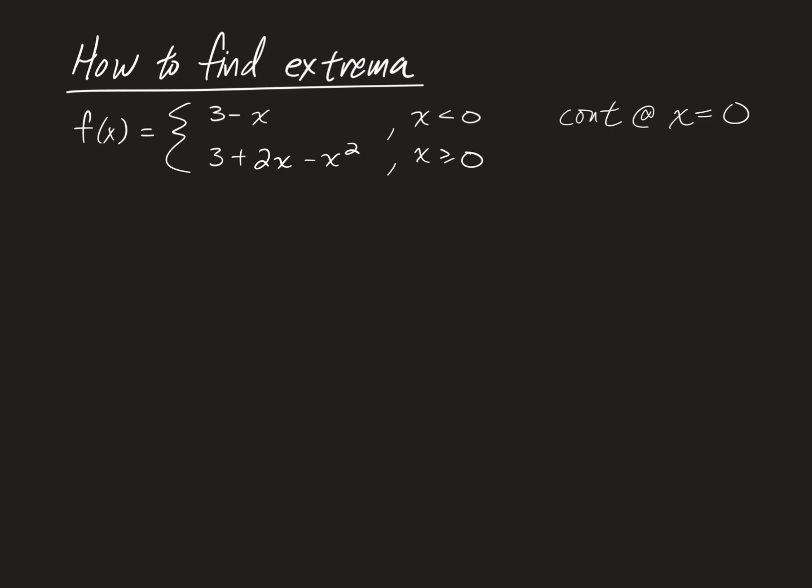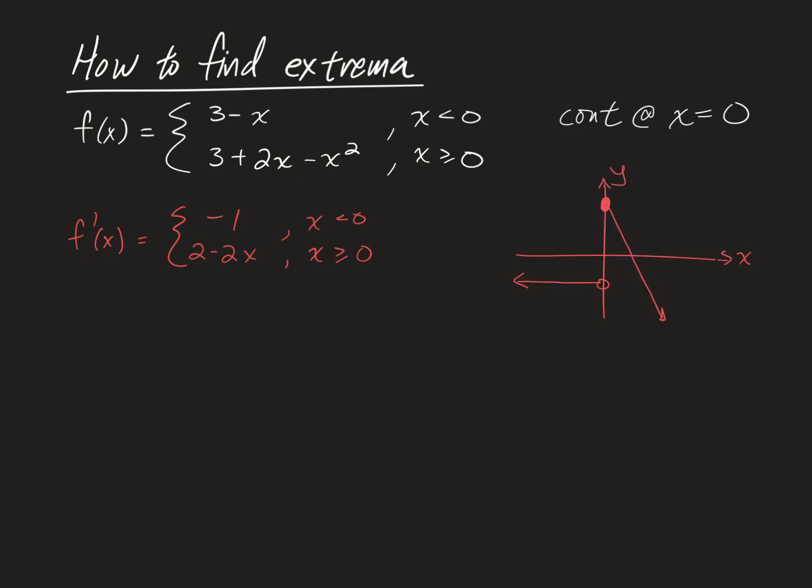Let's see here. We can take the derivative. f prime of x equals the top function will be -1 for x less than 0, the bottom function will be 2 minus 2x for x greater than or equal to 0. And something interesting happens here.